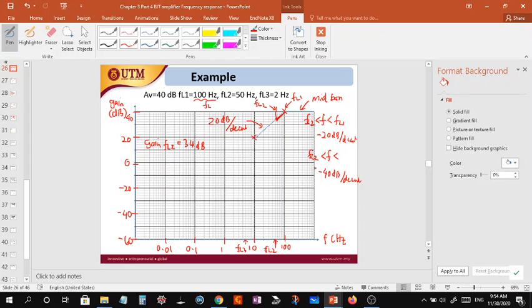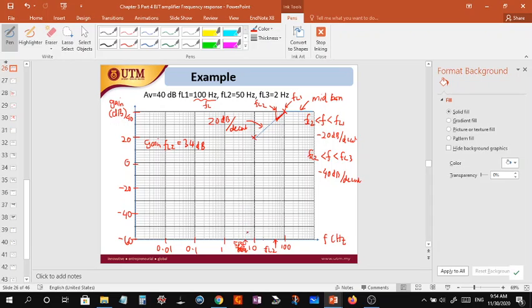So the next region is between FL2 and FL3. In this region, the slope is minus 40 dB. Oh, sorry, this is not FL3. This is 50 Hz. Sorry, this is 50 Hz. This is 5 Hz.